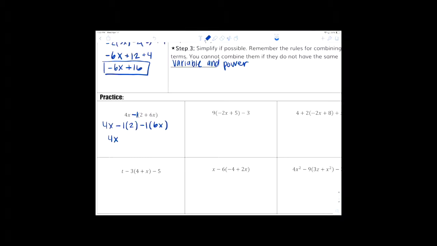I'm just going to still leave that 4x out there. So now I have a -1 times a +2. What does that give me? -2. -2, good. And now I have a -1 times a +6x. Good, it's a -6x because I'm multiplying a negative times a positive.